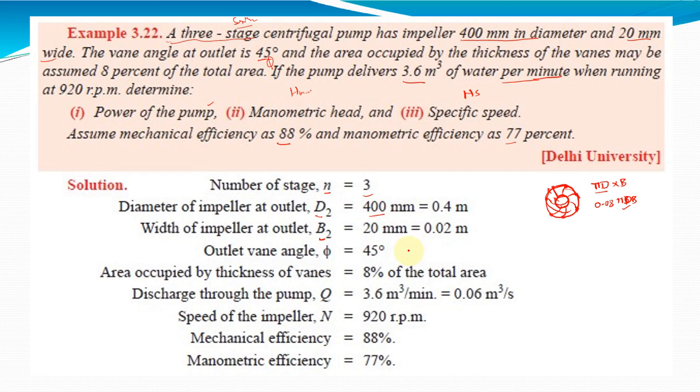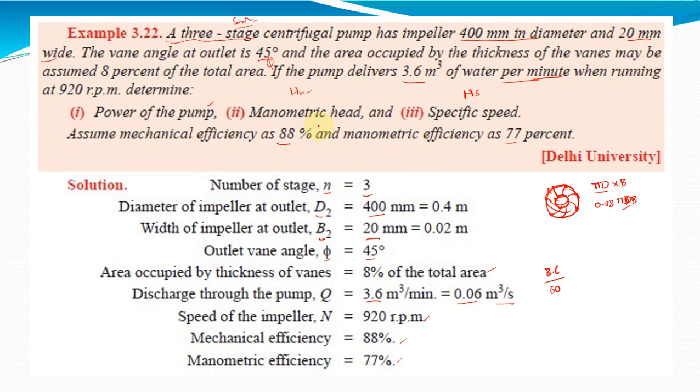So it is 400 mm and the width 220 mm. Phi is equal to 45 degrees, given. Discharge is 3.6 meter cube per minute, that is 0.06 meter cube per second, 3.6 by 60.